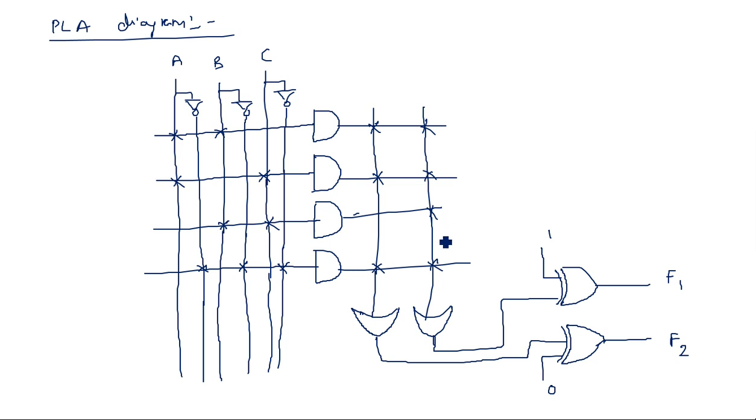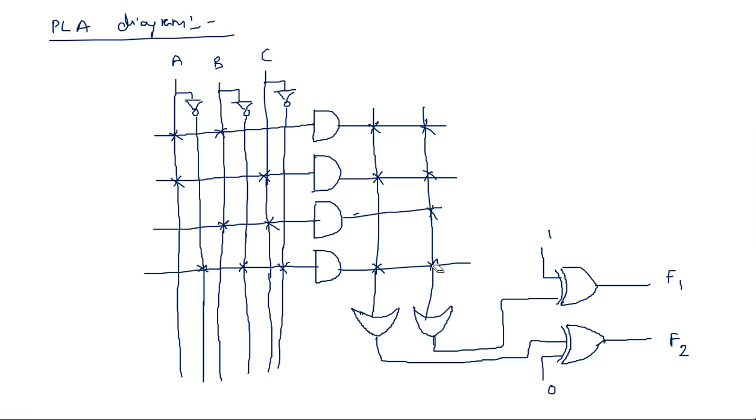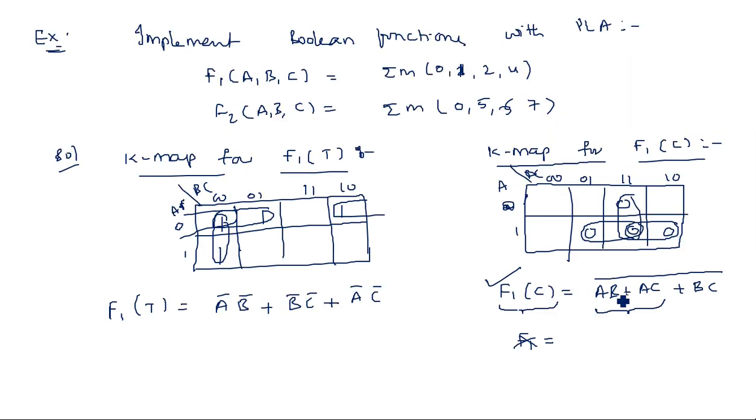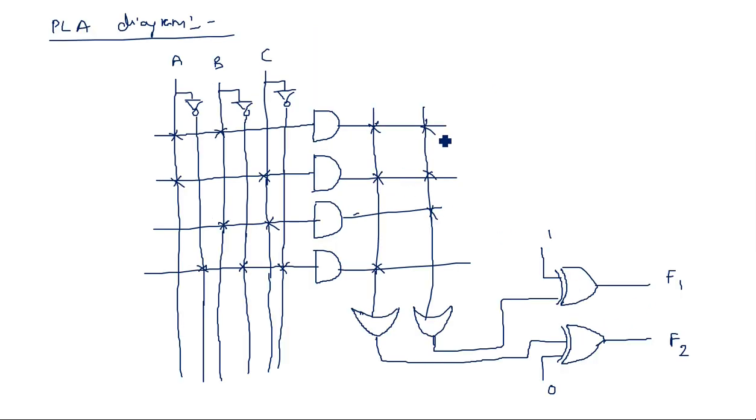See here. The F1 complement expression is AB, AC, BC. Whether it is coming or not, check once.